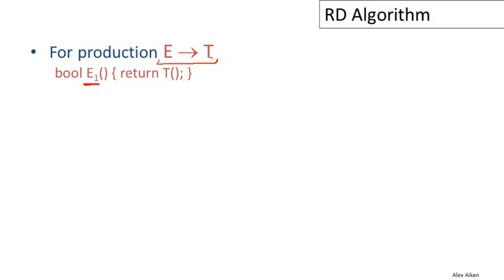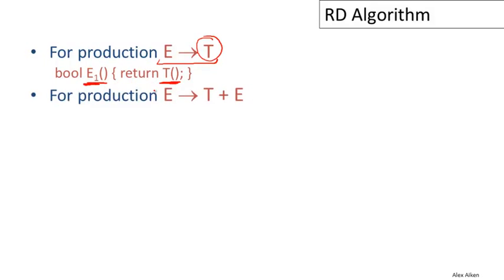Well, how would this production match any input? It could only match some input if some production of T matches the input. And we have a name for that function: the function T, which tries all the different productions for T. So E1 succeeds, returns true, exactly when T succeeds, returns true.